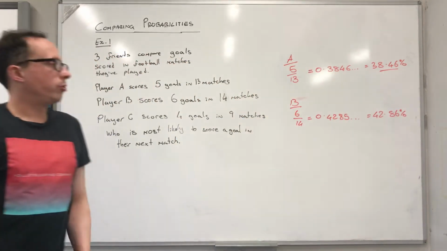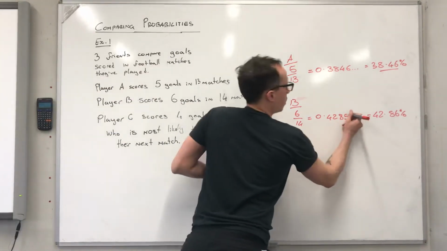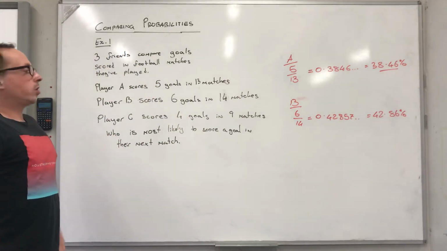Actually rounds up to 42.86% when you look at the recurring decimal. So player B has a 42.86% chance of scoring a goal in the next match.